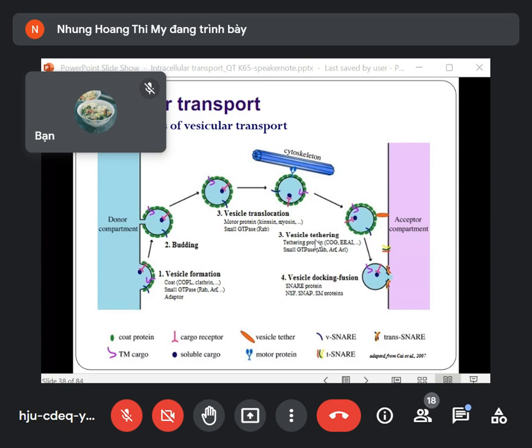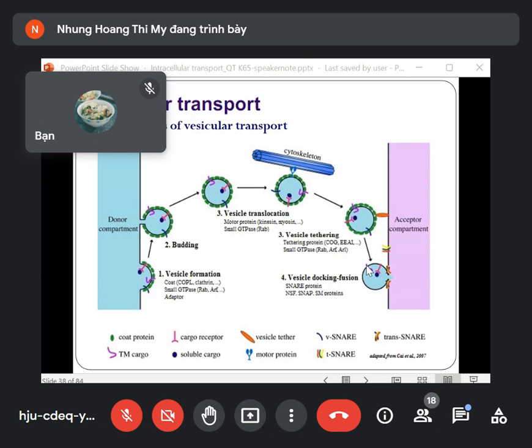I don't know if you understand the word tethering. Like on the boat, they will put something very heavy into the water, and in this way they will stop the boat near to the port. Okay, so it's also similar to the vesicle.